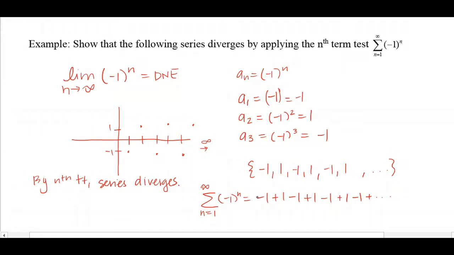And you might be tempted to think that I can do this clever grouping of terms where I say, well, negative 1 and 1 are going to cancel, negative 1 and 1 are going to cancel, because I'm going to get 0, 0, 0 every time. But what if I happen to group them in a different way? What if I say, well, only those two are going to cancel, 1 minus 1, and 1 minus 1, and 1 minus 1, so then I'm left with negative 1.